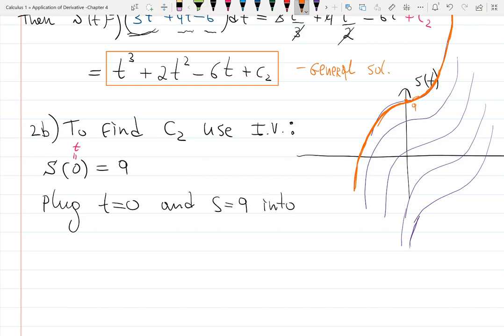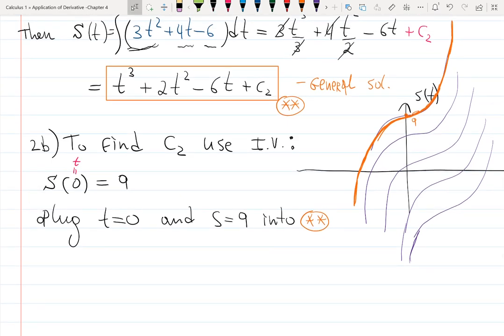And I will call double star this orange piece over here. Plugging in over there. s of t equals t cubed plus 2t squared minus 6t plus c2. Well, s is 9, so 9 equals t cubed, that's going to be 0 cubed, plus 2 times 0 squared minus 6 times 0 plus c2.